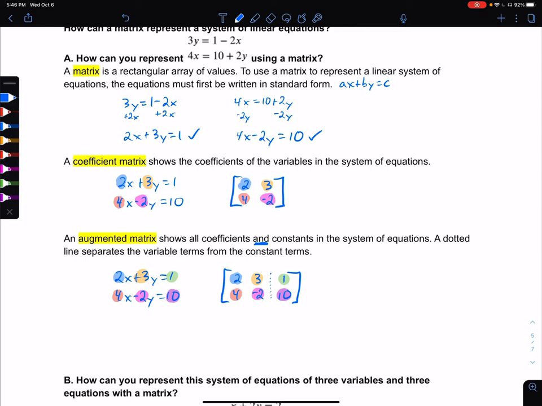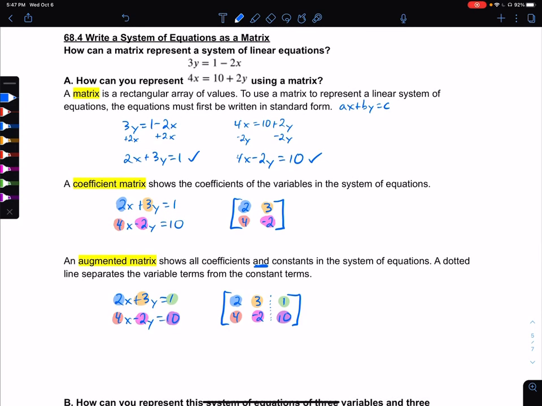Instead of the equal sign, you have that dotted line, and that is your augmented matrix. It's just a different way to write a system of equations, and you'll find in the next section, I believe, why this becomes quite useful. It makes it much easier to type into a calculator, and there are a lot of different things we can do using matrices rather than writing them out algebraically. Again, we'll get into that and you'll see what's going on there.